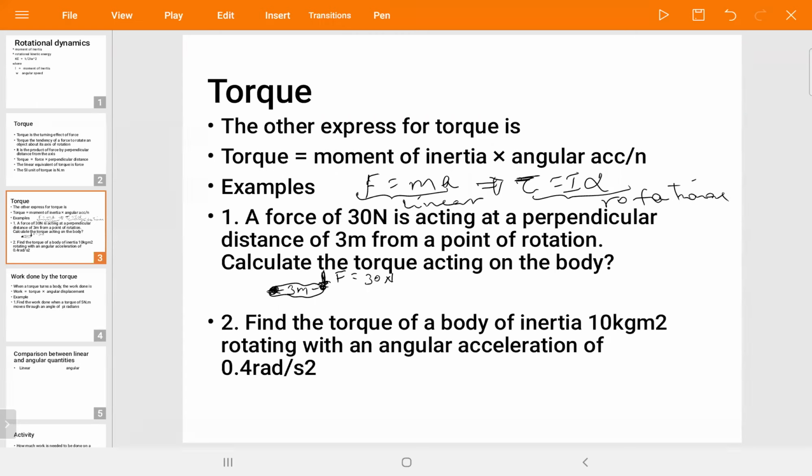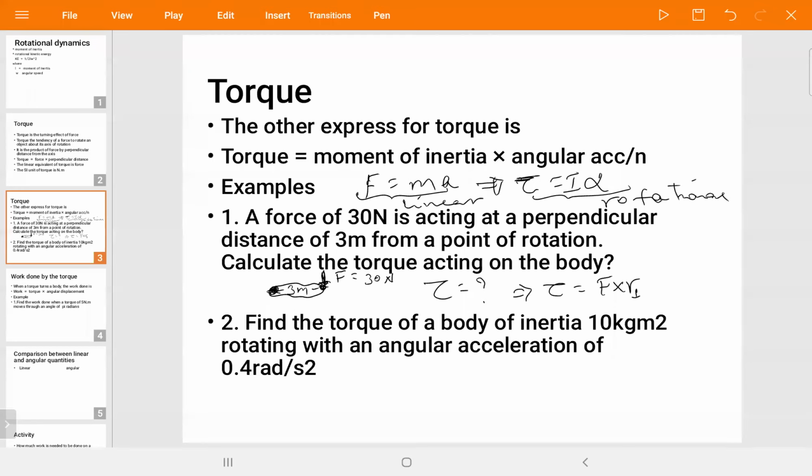Then what will be the torque? Torque is force times perpendicular distance. The force is 30 Newton, and the perpendicular distance is 3 meters.